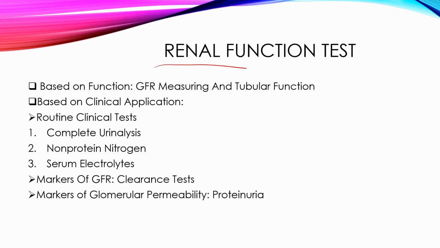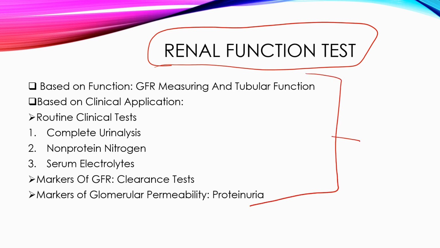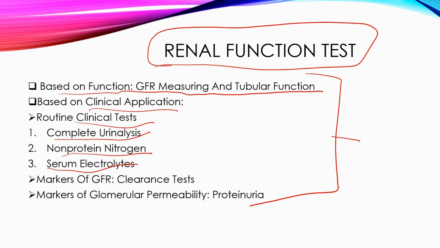The renal function test generally comes in the short notes. In short notes, you can define it in general terms, and then enumerate the different kinds of tests based on function: GFR measurement and tubular function, and on the clinical basis, routine clinical tests such as complete urinalysis, non-protein nitrogen test, and serum electrolyte test.